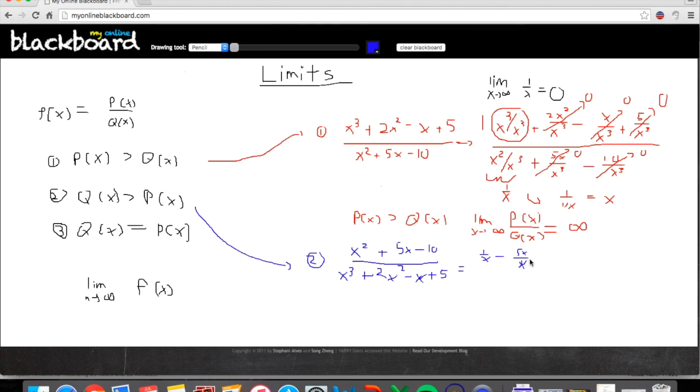As you can see, the point here is that we just get rid of all these extra terms. So this will go to 0, just as we did above. Plus 10 over x cubed, and this will go to 0. All over x cubed over x cubed is just going to go to 1.